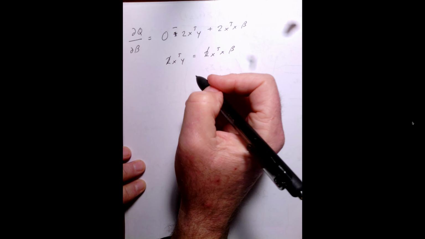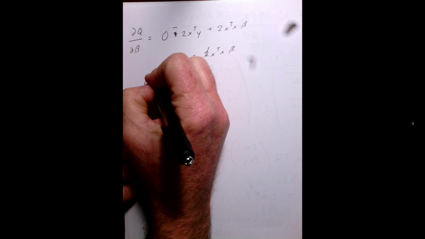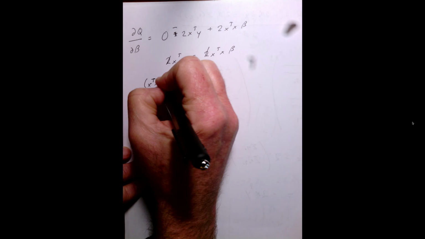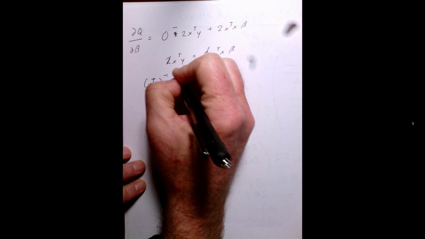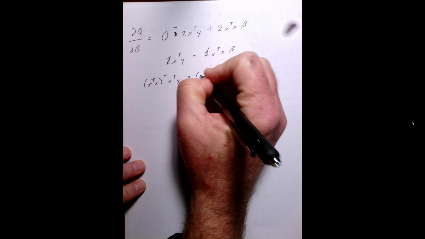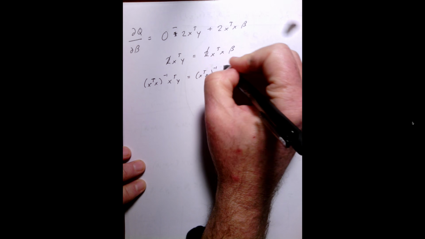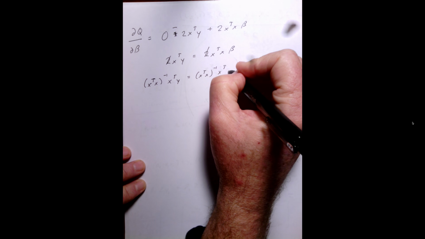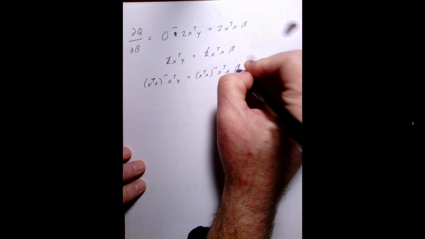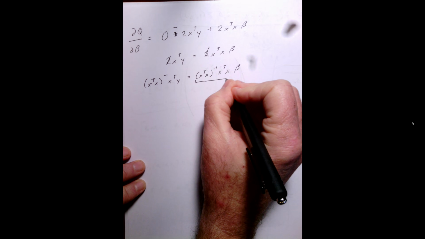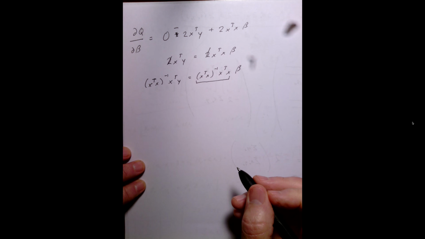Clearly divide both sides by 2. We're going to multiply both sides by X transpose X inverse. Obvious things happen right there.